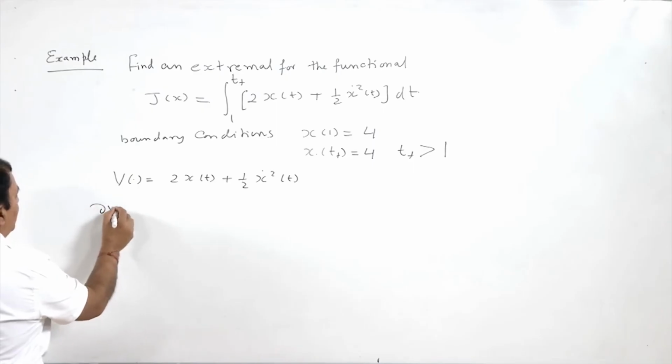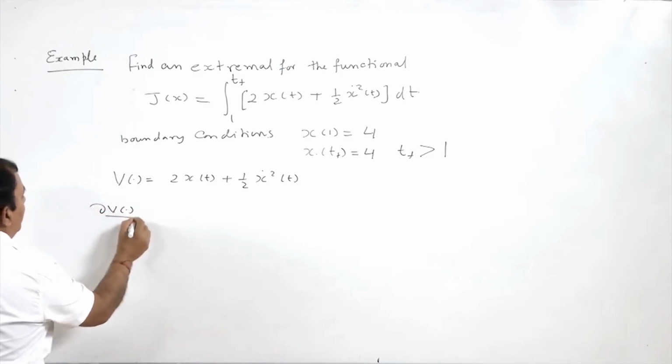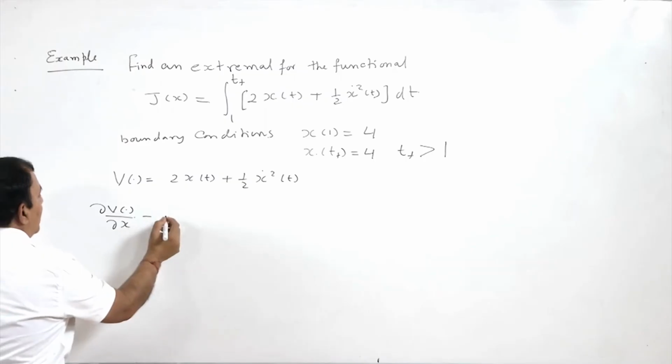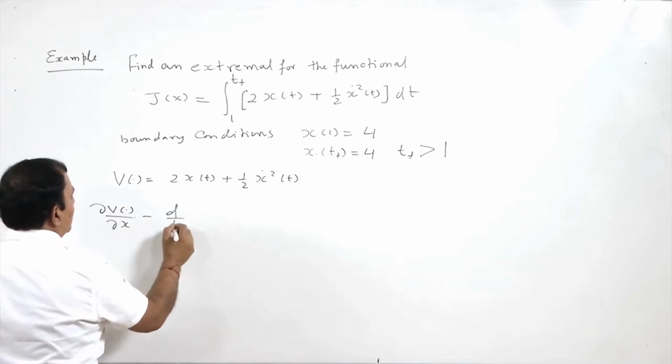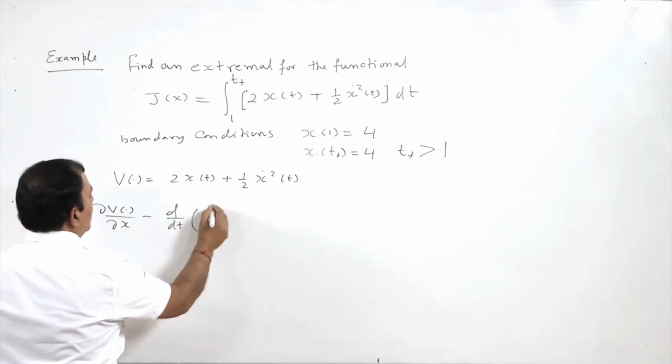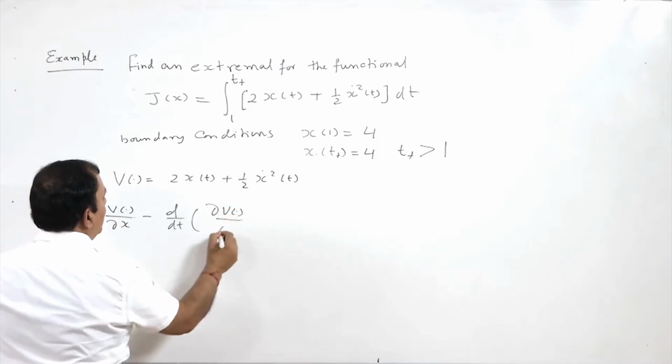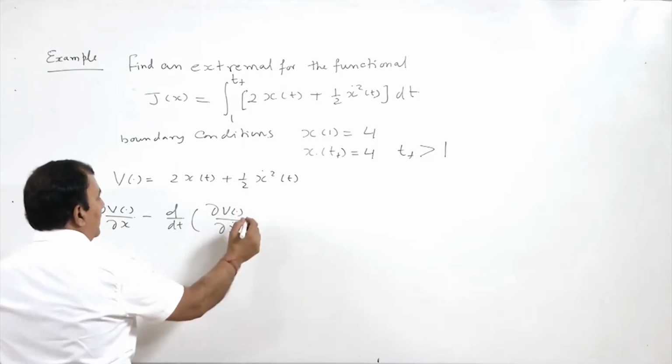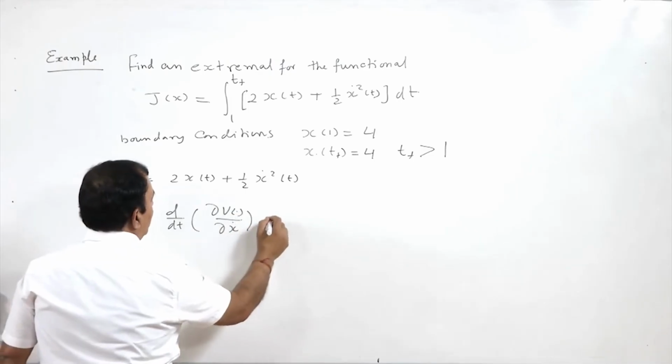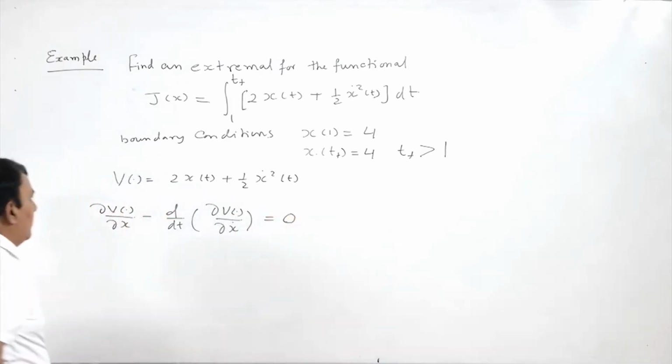The Euler equation is ∂V/∂x minus d/dt of ∂V/∂ẋ, and that must be equal to 0.